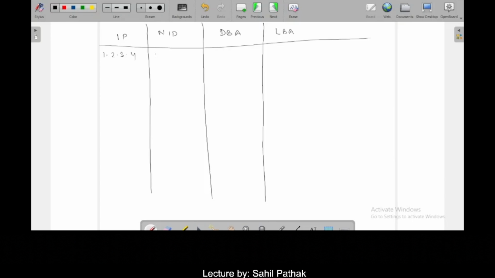Here you can see it is a class A address, and in class A we have 8 bits, or you can say the first octet, for the network ID part. So here the network ID part stays as it is, and the rest of the host part will be replaced by 0. So this is the IP address of the network.